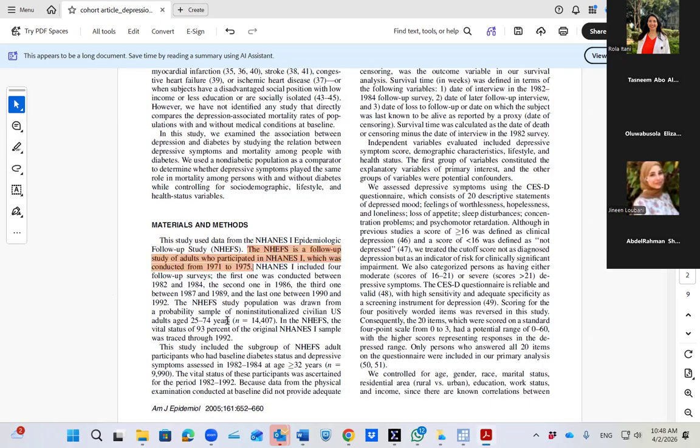Okay, great. It's always good to know who the people are. This started in 1971, as you see. These are national studies that are done in all the states of the U.S. All these national studies are done routinely, like every 5 years or every 3 years, but they are done on a different sample.